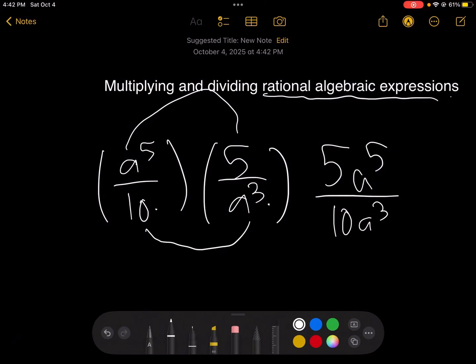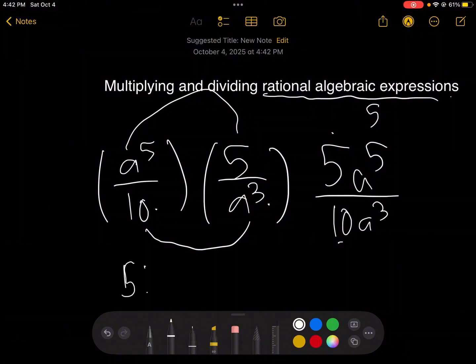How do you do that? By looking for their GCF. We have to find the GCF of the numerical coefficients first. So what's the GCF of 5 and 10? It's 5. There are other ways to do it, but this is the simplest way I find: find the factors of each number.